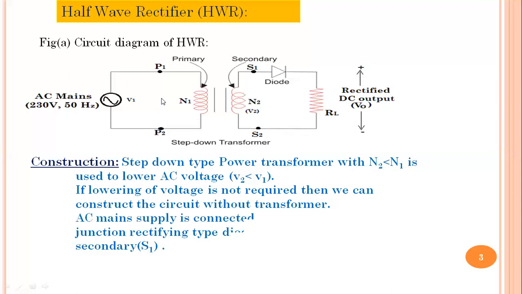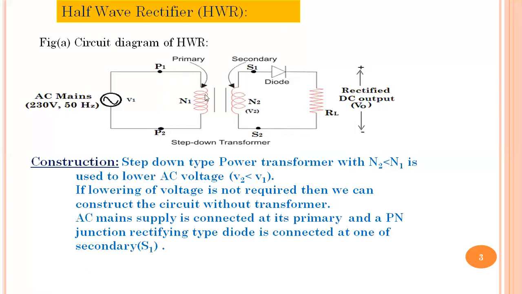So in this circuit, if you observe, with the transformer, the two primary terminals P1 and P2 are connected to the AC main supply. Where is the AC main supply connected? To the primary, between P1 and P2. Whereas a PN junction rectifying type of diode, a diode which has the capacity of handling more current, also called a power diode, used as a rectifying device, is connected at one of the secondary terminals.